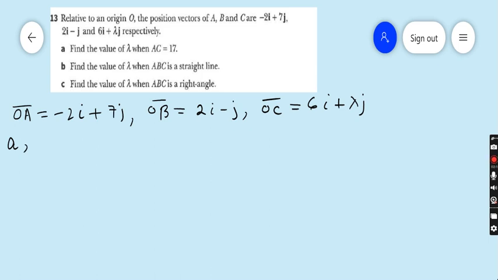Part A. Find the value of lambda when the magnitude of AC is 17.